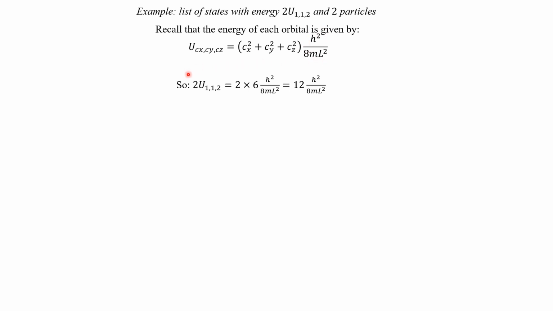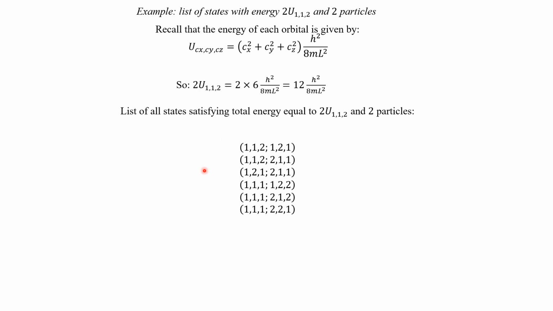So we want states with twice this energy. So we want states with 2 times 6, or 12 times the constant term. And this is the list of states satisfying the condition total energy equal to 2 times the energy of the orbital 112 and 2 particles, 2 electrons.